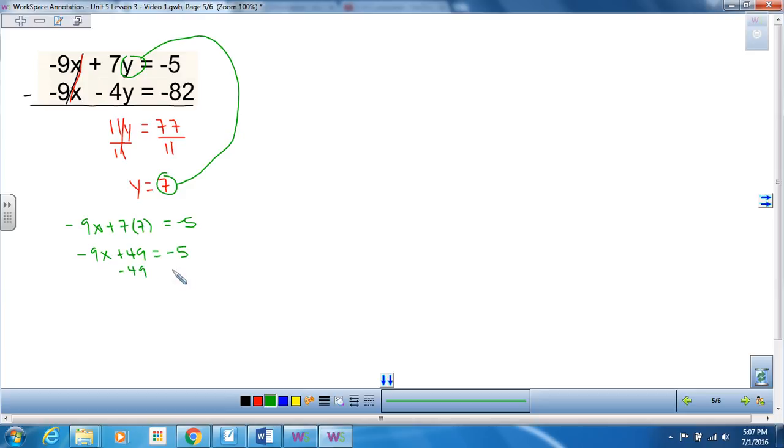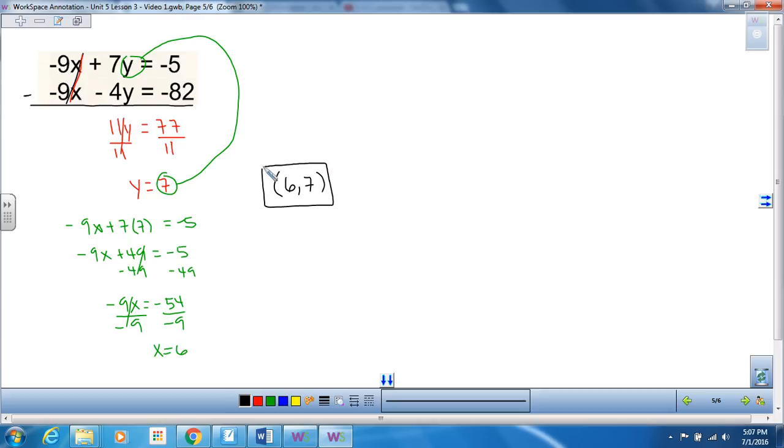Subtract 49. Negative 9x equals negative 54. Divide by negative 9. X equals positive 6. So write your ordered pair x comma y, so 6 comma 7.